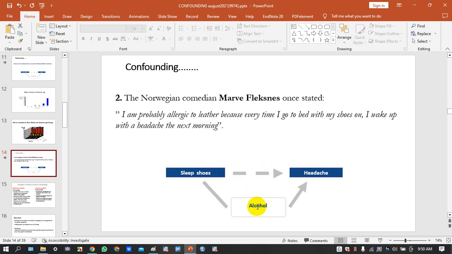So the confounder over here, sleeping with shoes on, has been implicated with headache, but it has been implicated wrongly. The actual cause is the alcohol, which is causing the headache. So that's the confounding variable, alcohol.